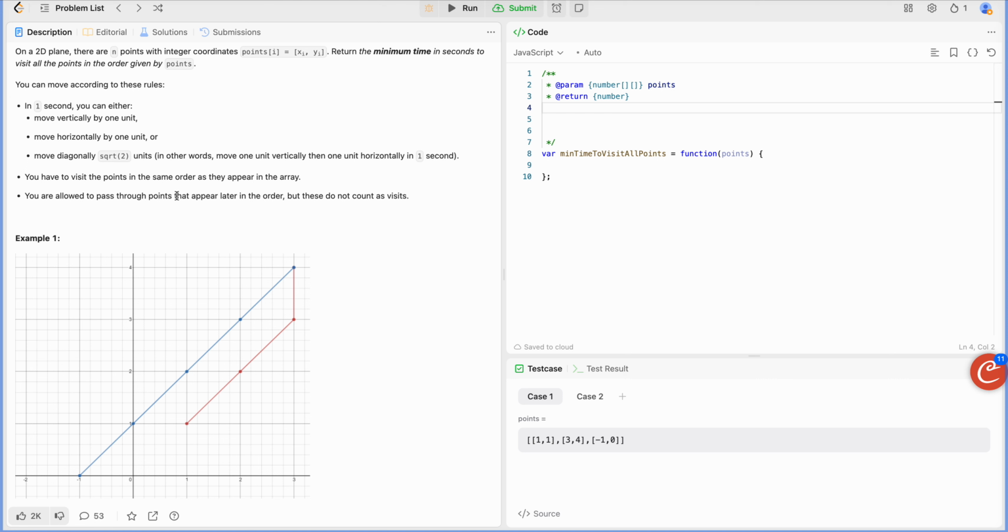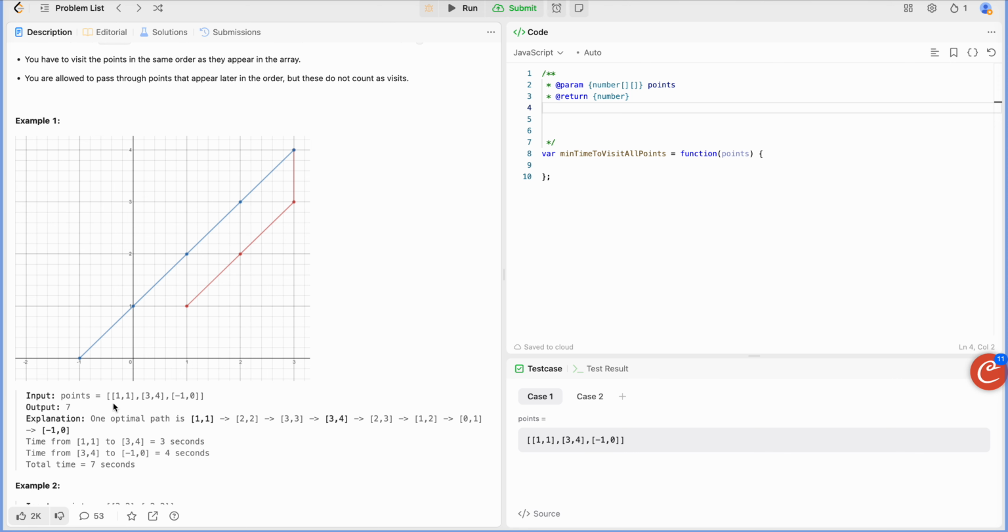It means that I can go from here to here, and then go here. This point appears later in the order, but I can still pass through it as a way to go up there, but this will not count as a visit. I have to visit this point at last.